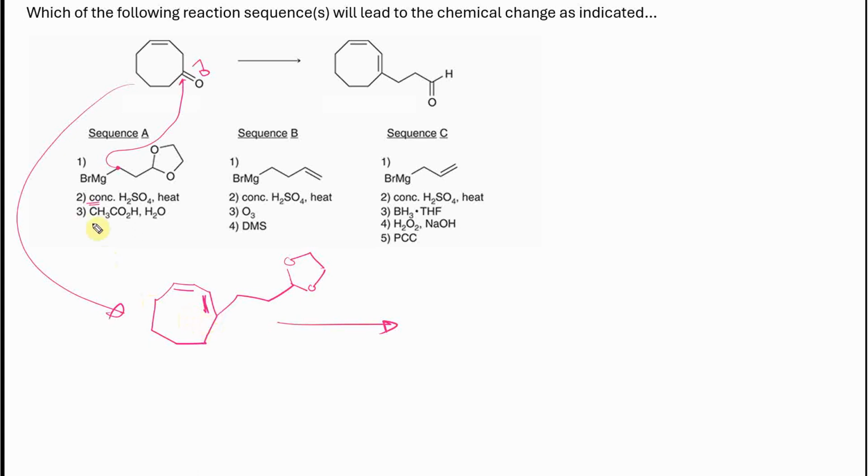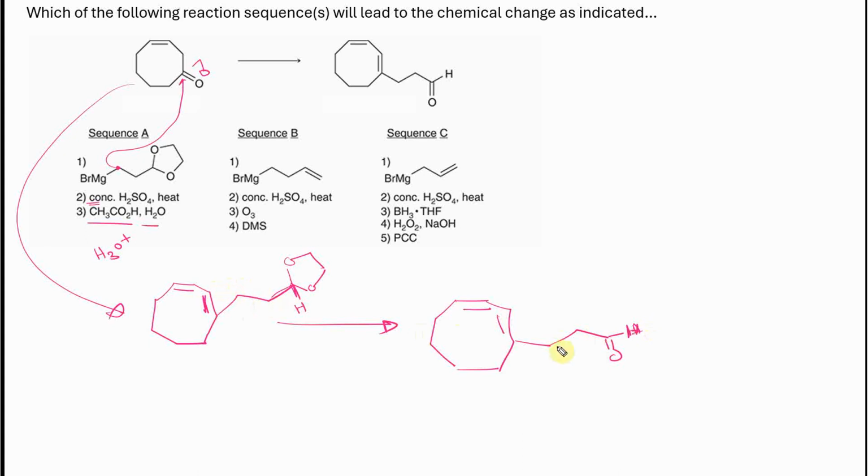Then if you treat this with acetic acid and water, which is the same as H3O plus that you have seen in the generic reaction schemes, if you treat your acetal with acidified water, you'll convert your acetal to the corresponding aldehyde, because that's the alkyl chain and you have a hydrogen here, and those two oxygens will leave as ethylene glycol, and you are going to get the aldehyde on this 3 carbon chain.